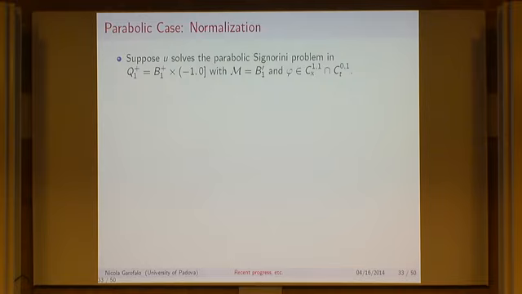So now let's go to the parabolic Signorini problem. I'm taking Q1 plus, so this is B1 plus cross (-1, 0). M is B1 prime, so this is my M here. And phi is the obstacle, which is going to be defined on B1 prime cross a time interval.